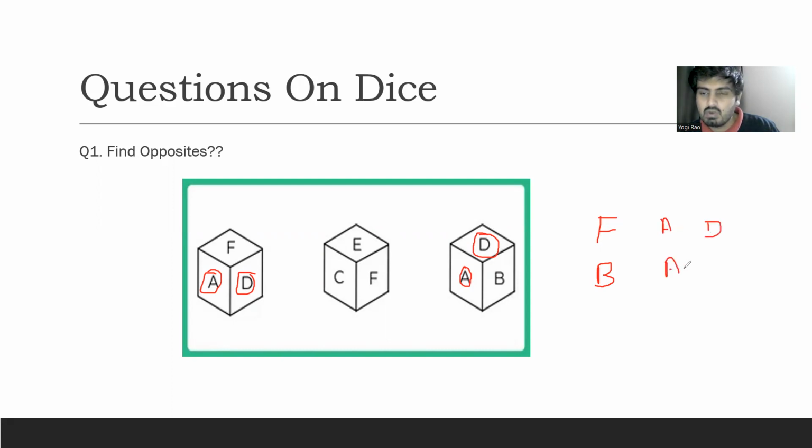This is similar to what we have done in the second, but here the third dice is given, so we can easily calculate from here that F is common, and we can go by the same rule. So if two dice are given and two faces are common, we will require a third dice to solve that question.